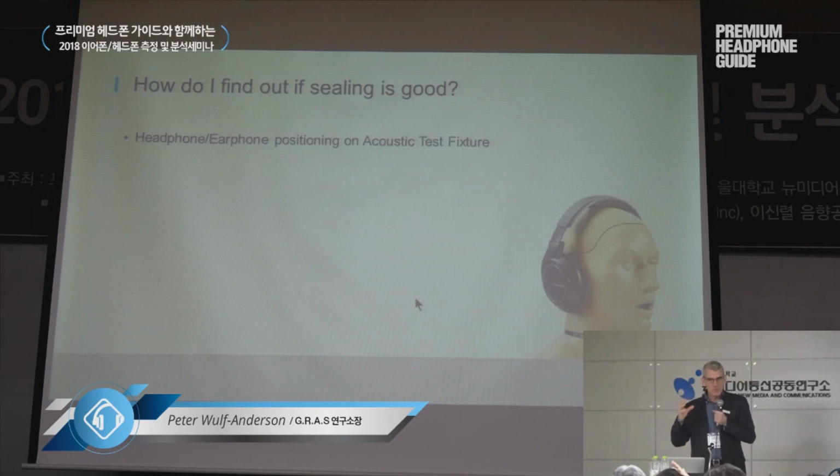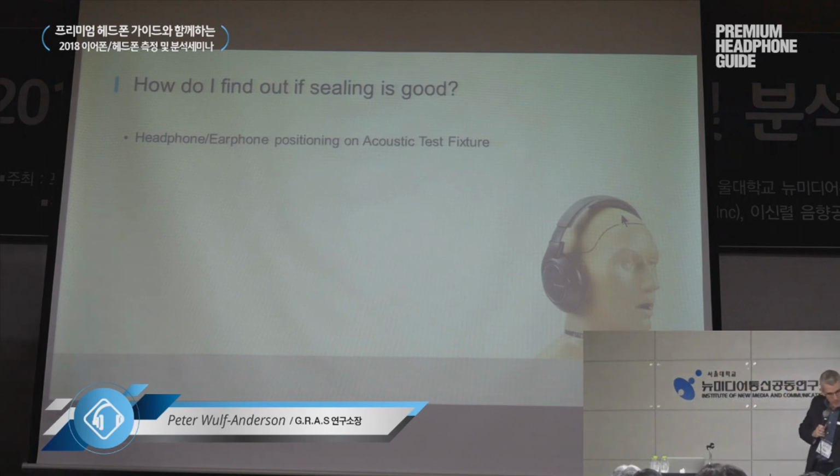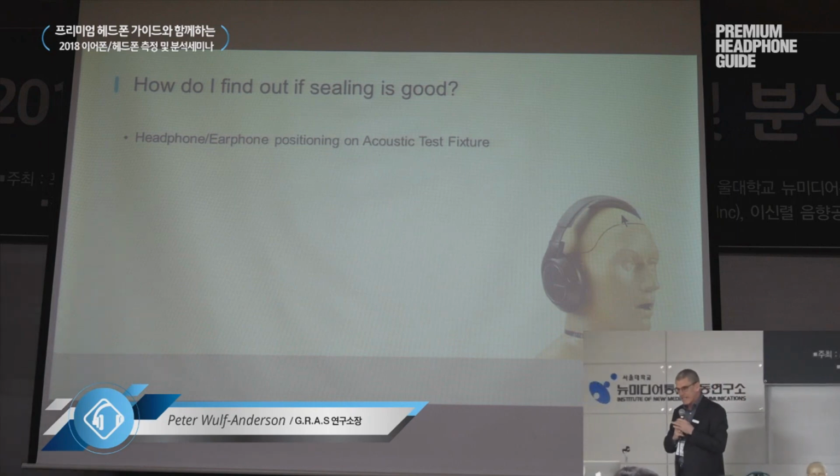But when you do measurements on a mannequin like this one, we cannot hear that directly. So how can we make sure we have a good seal when we put our headphone on something like this? When we mount the headphone here, how do we make sure we have good sealing?